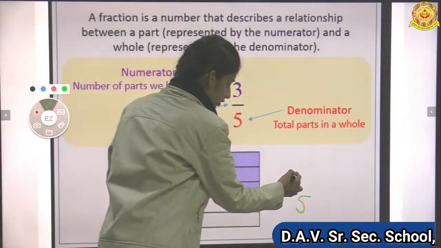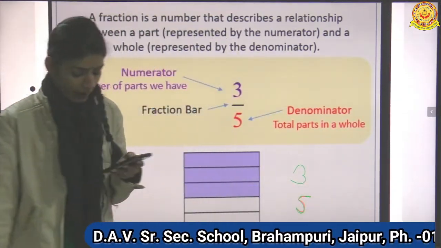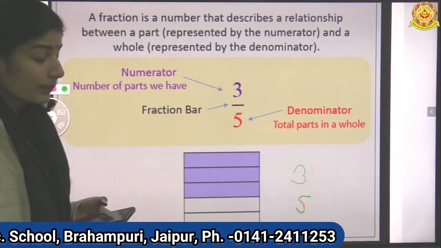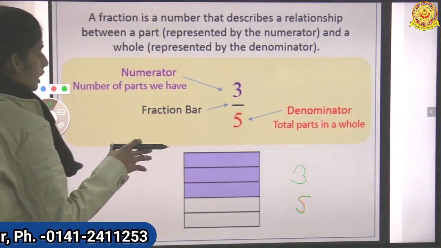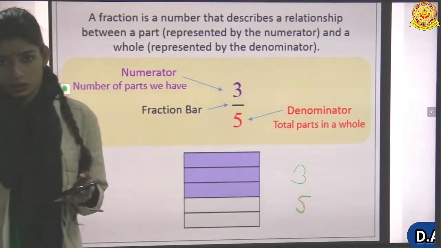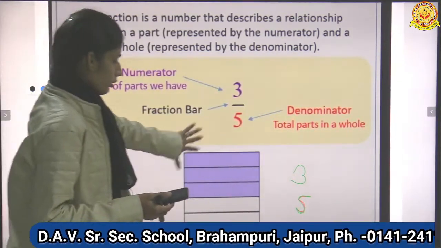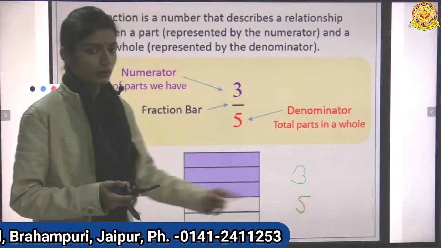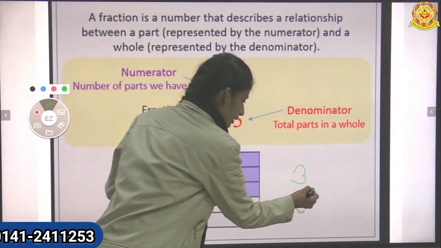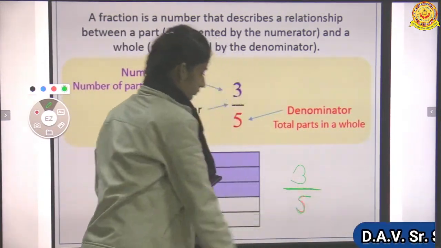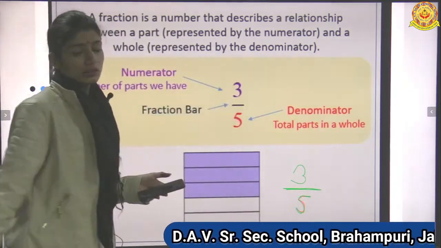Three parts I have shaded. So 3 is a part of the whole. The whole number is 5 and 3 is a part of that. So we are having 3 upon 5. This is written here only.